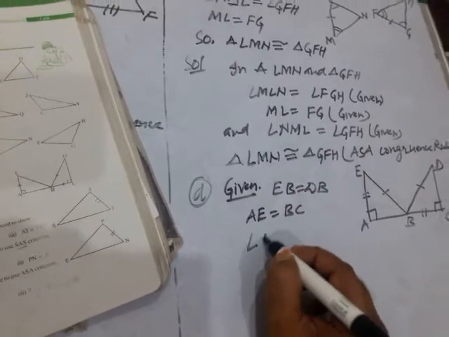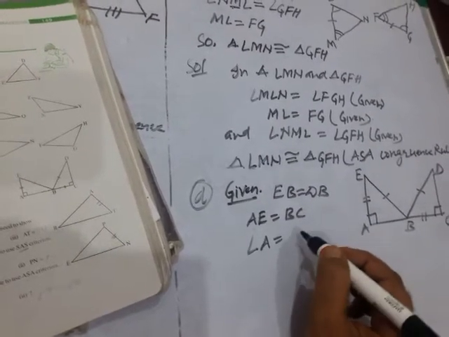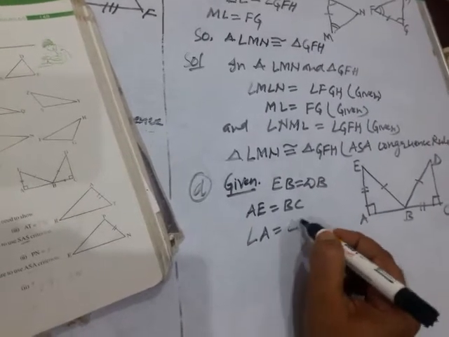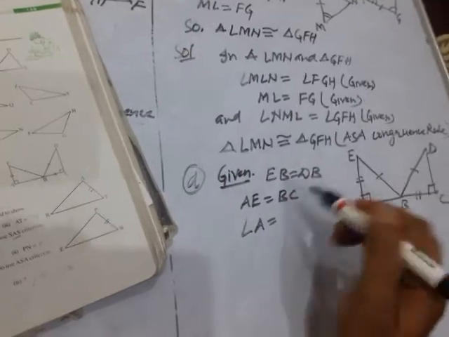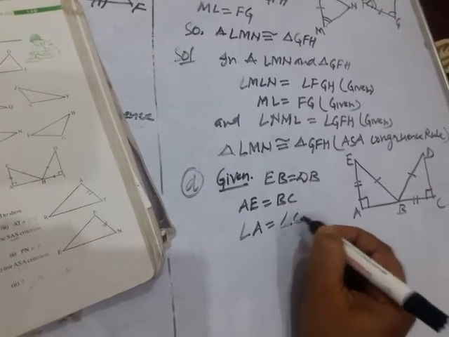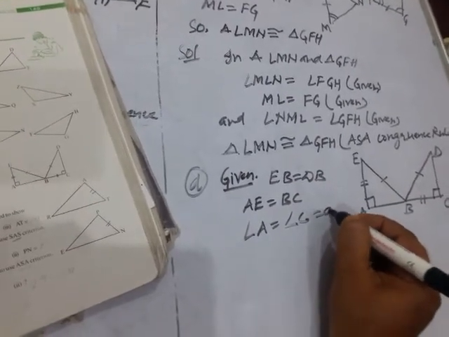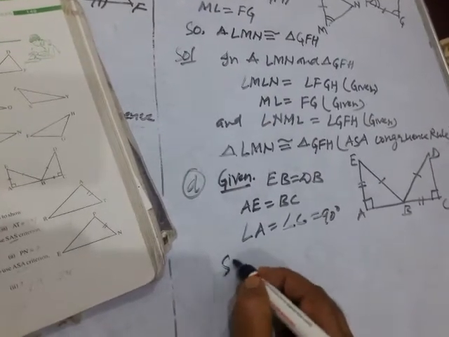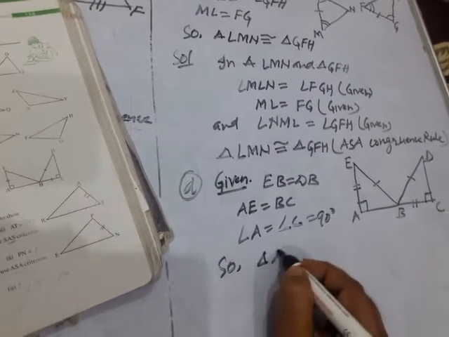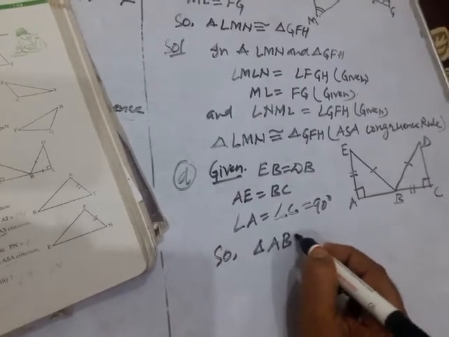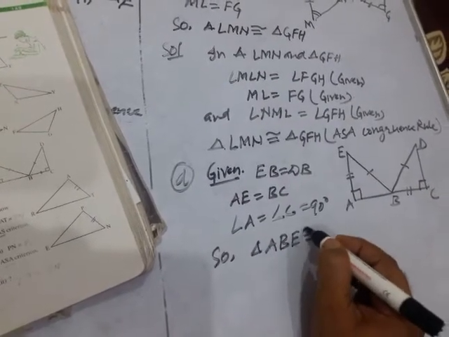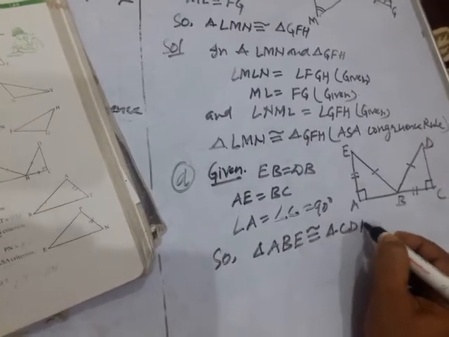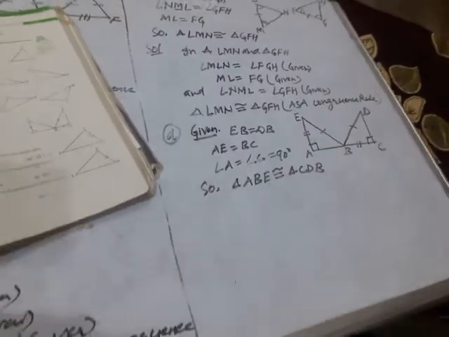Angle A equal to angle C equal to 90 degrees. That is also given. So triangle ABE is congruent to triangle CDB. It is given that they are congruent.